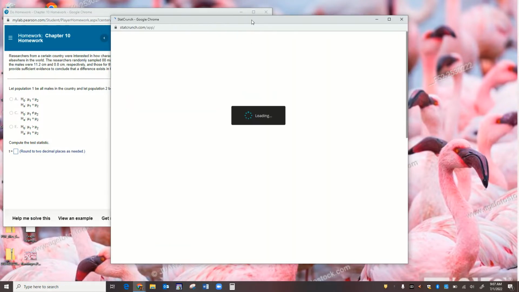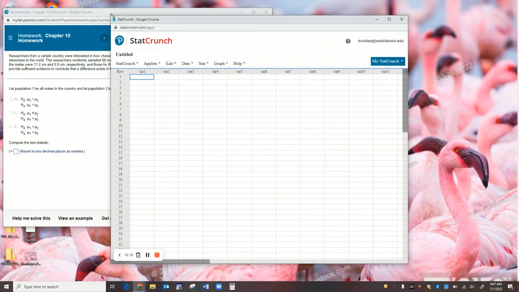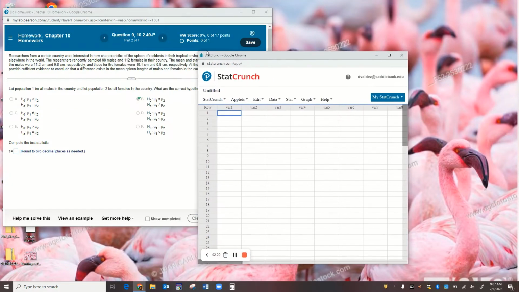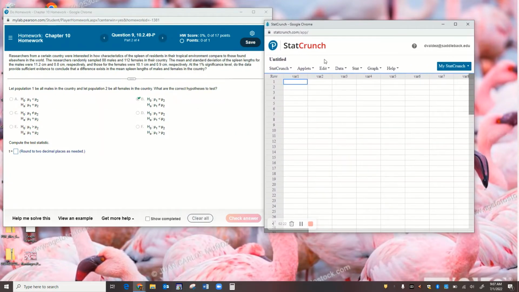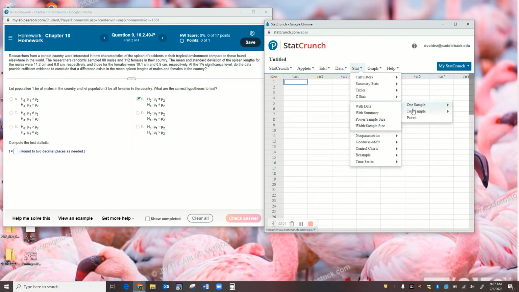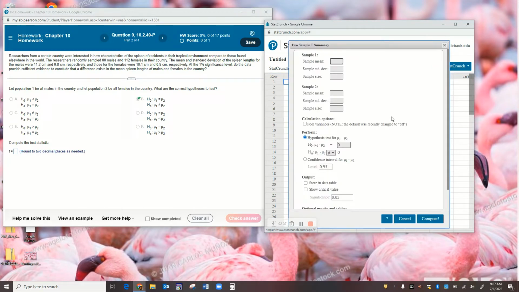And what you want to do is open up a t-test. Let me make this a little smaller so I can see both windows. So Stat, T Stats, and this is a 2 sample. We don't have data, we have the summary. We have the means and the, oh, come on now, 2 sample with summary. Great.